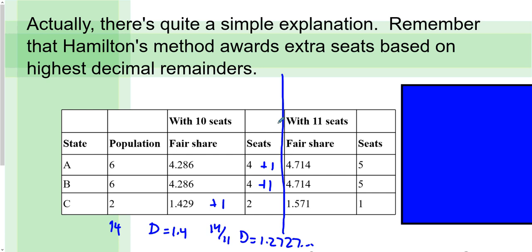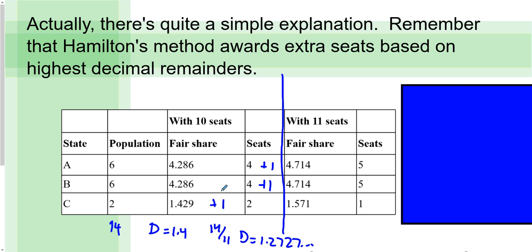Now, here's what's more important. What happens here is those 2 extra seats, because A and B both have the same population, they take both of the extra seats. And C no longer picks up the extra seat that it has here.